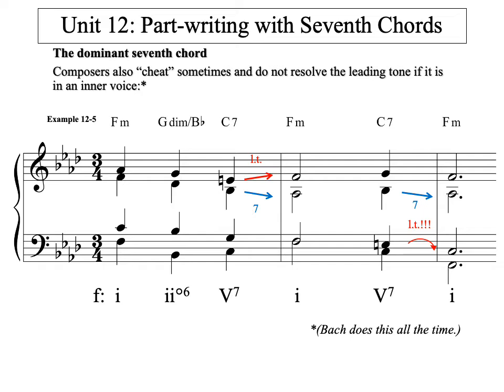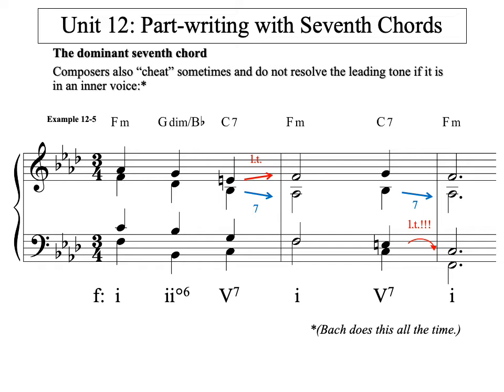The tendency of a leading tone is to move up a half step to the tonic. The times when it's really important for the leading tone to fulfill that tendency are times when the leading tone is very noticeable to us, which would be a time when the leading tone happens in the highest or lowest voice. So in this progression, the leading tone of the scale, E natural, actually happens twice.